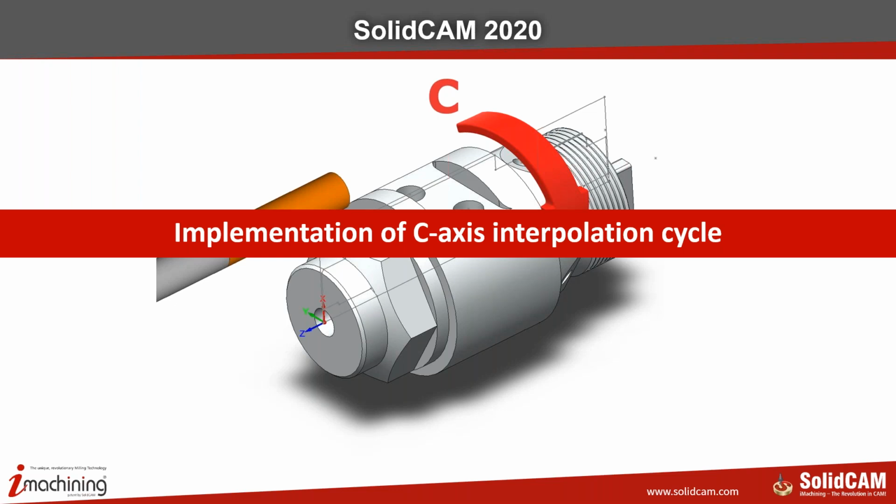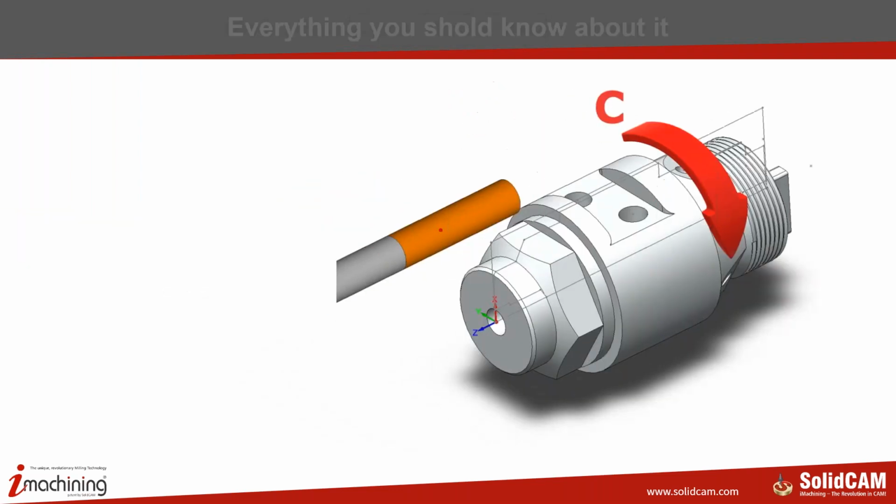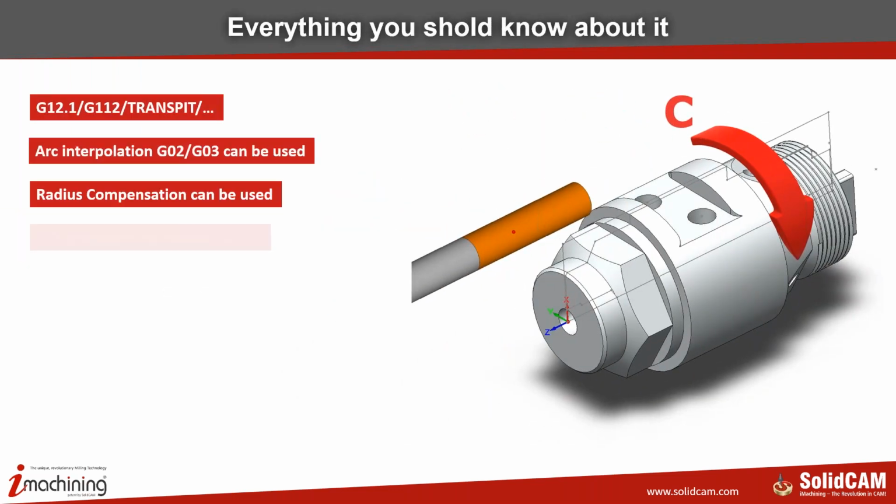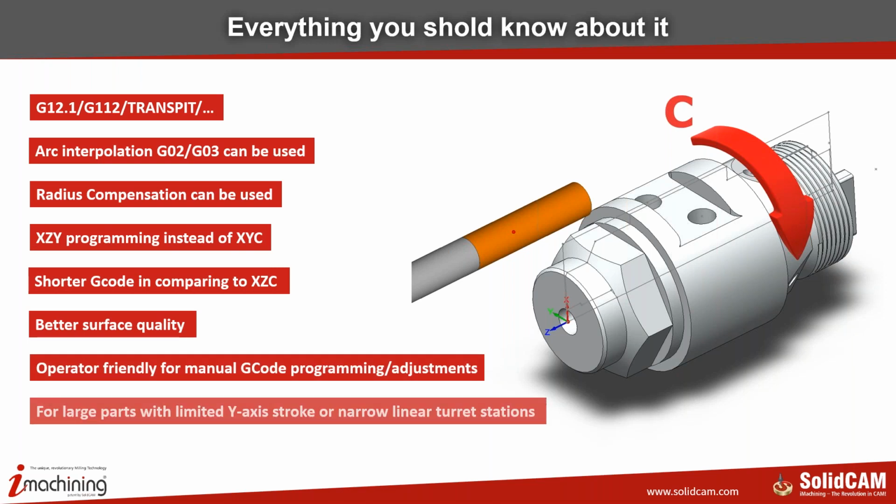And today I will not only talk about the implementation of C-axis, but I will also talk about how to improve the existing C-axis interpolation cycle that I found is used in, I think, more than 95% of our post-processors. And first, for all of you who never implemented those kinds of things, I would like to say a few things about this cycle.